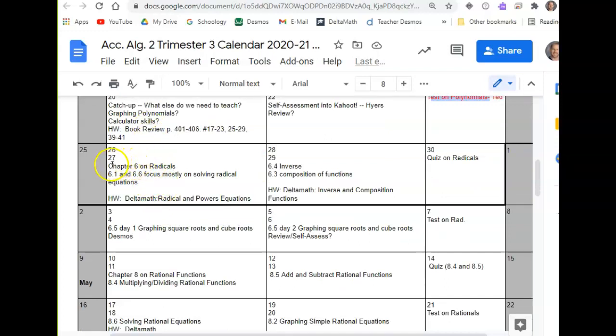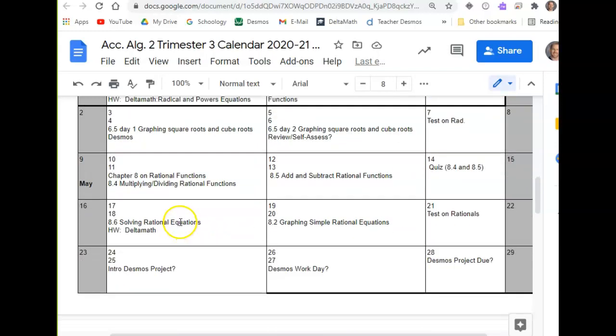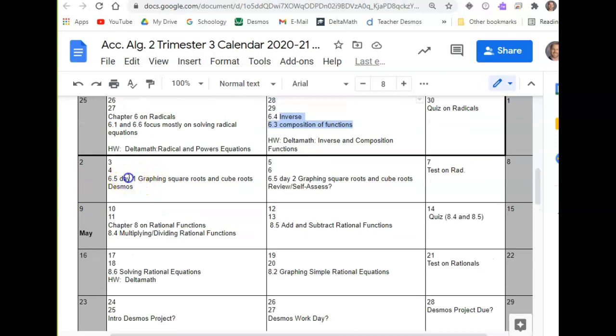So where are we at? We are starting chapter 6 now today. This is Monday, Tuesday. And officially, that's 6.1 and 6.6 of our textbook. And then tonight you have a Delta Math homework. Tomorrow we're going to cover something called inverse and composition of functions. I shouldn't say tomorrow. This will be Wednesday for you guys. Quiz on Friday. And then when we scroll down, we've got some graphing.